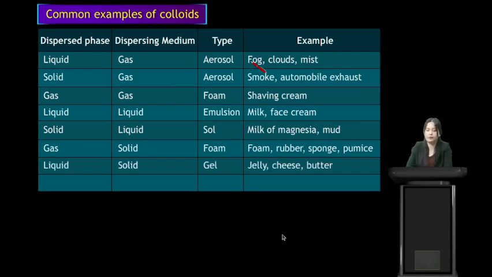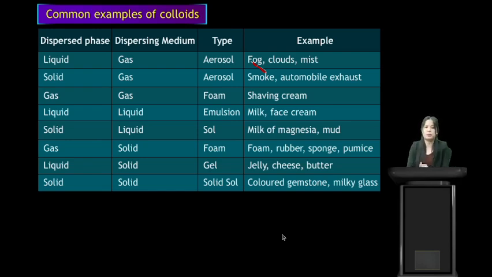Another type we have is if the dispersed phase is liquid and the dispersion medium is solid. This type of colloid is known as gel, and some of the examples include jelly, cheese and butter. And another type is if the dispersed phase is solid and the dispersion medium is also solid. This type of colloid is known as solid sol, and some of the examples include colored gemstones and milky glass.